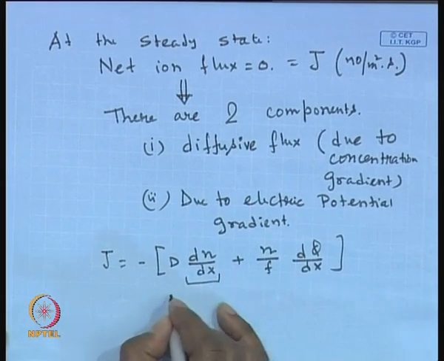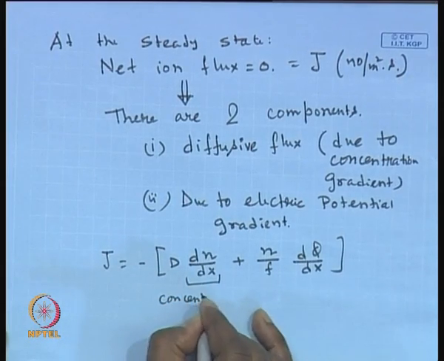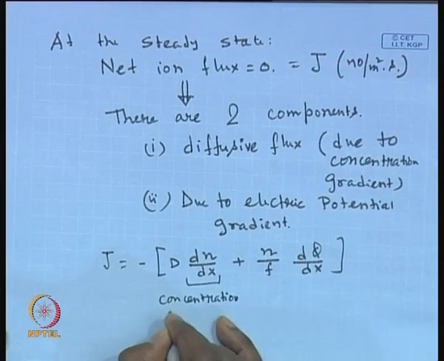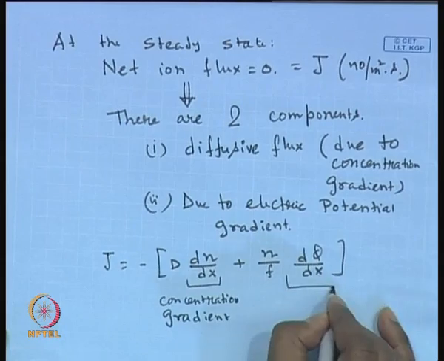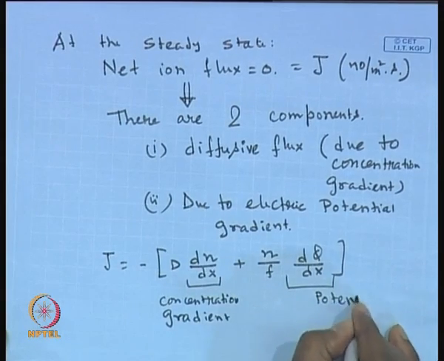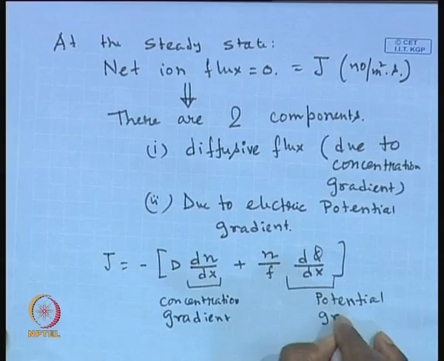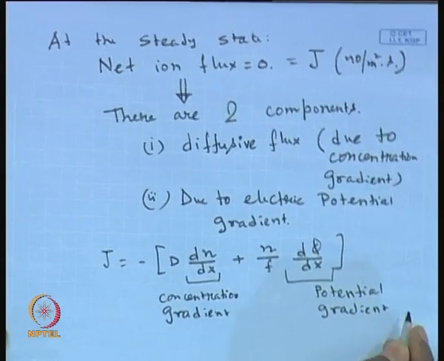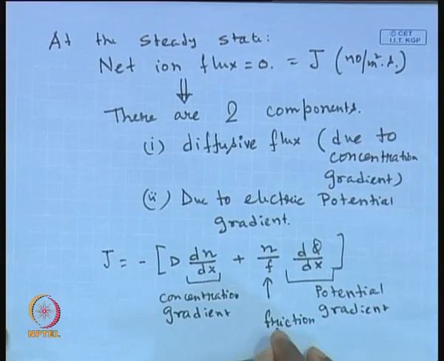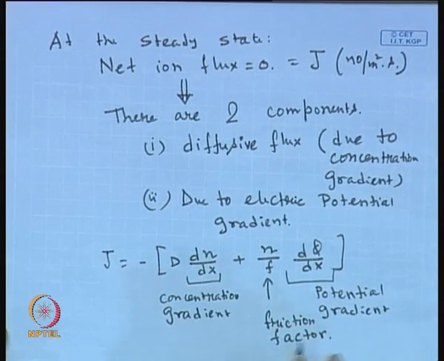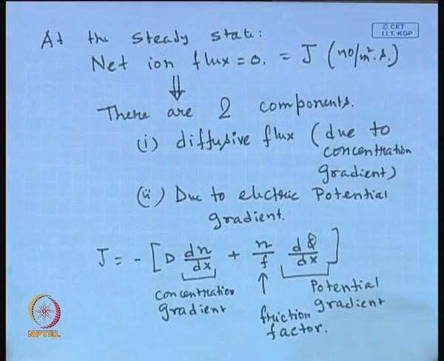So, this is the concentration gradient, Fick's law, and this is the potential gradient, and f is the friction factor. Now, this friction factor f will depend on the geometry of the solute and the size of the solute, and so on and so forth.